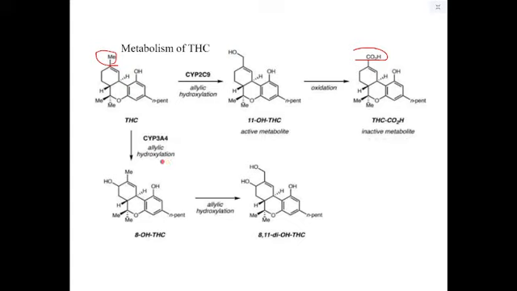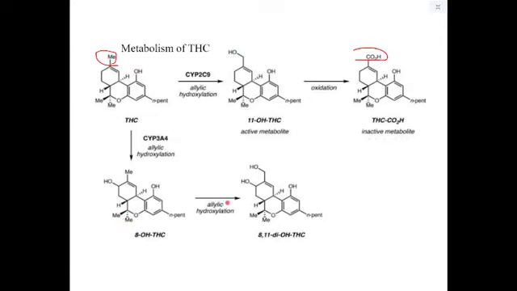Cytochrome 3A4 hydroxylation, but this is not really aromatic. That's why we are still calling it allylic hydroxylation, because it's not happening on an aromatic group. It is happening on the cyclic group. So again, allylic hydroxylation at that position to give us 8-hydroxy tetrahydrocannabinol.